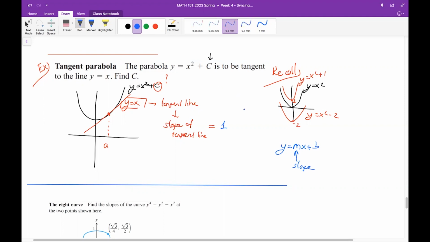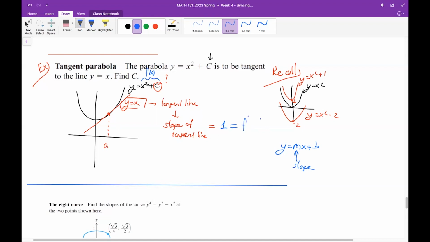And thinking from a different perspective, we can also compute the slope by using the original function, right? What was the relation? The slope of the tangent line is also the first derivative of the original function evaluated at this point A, right?